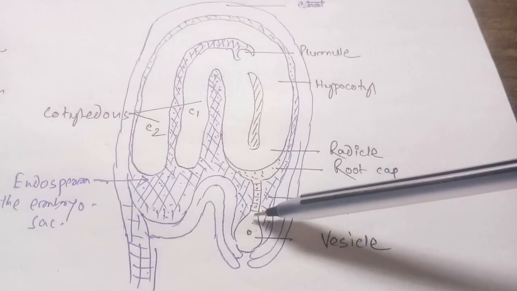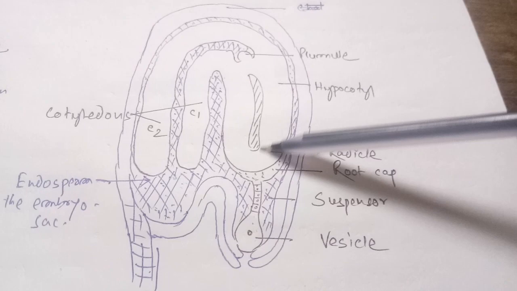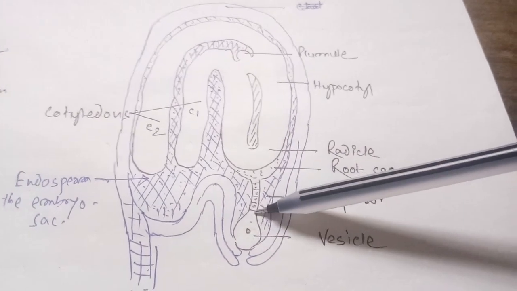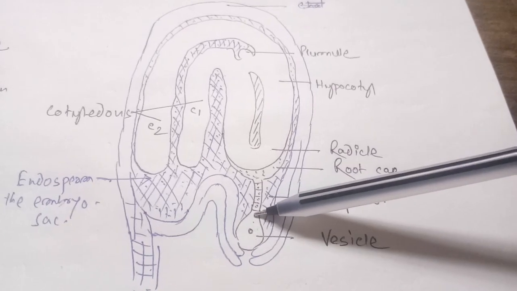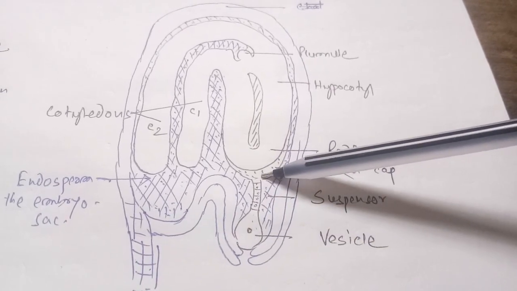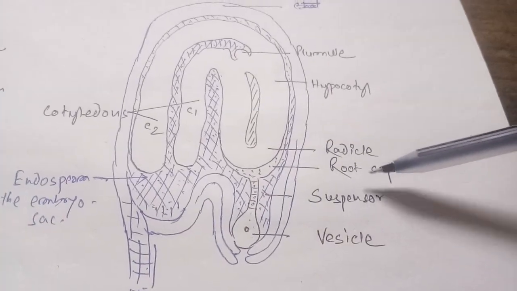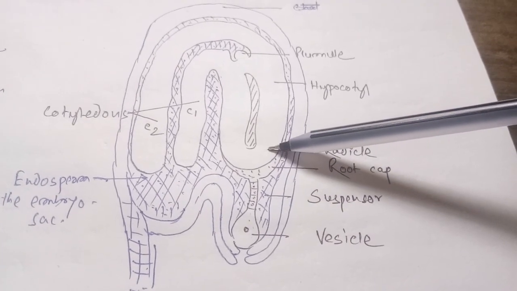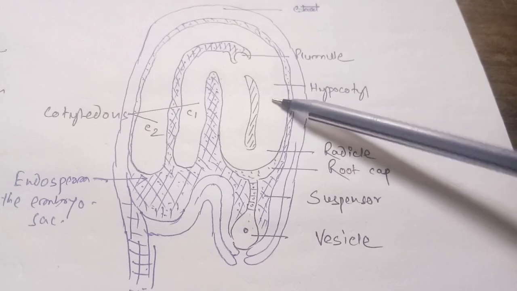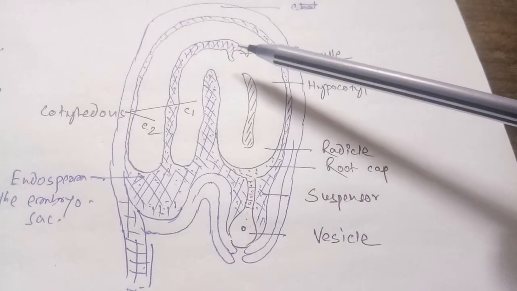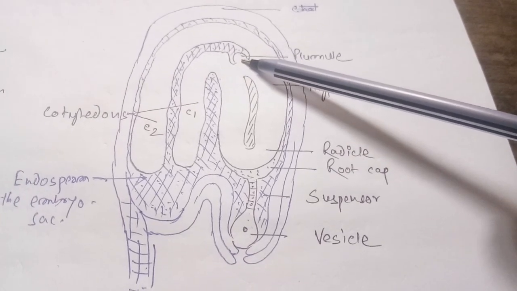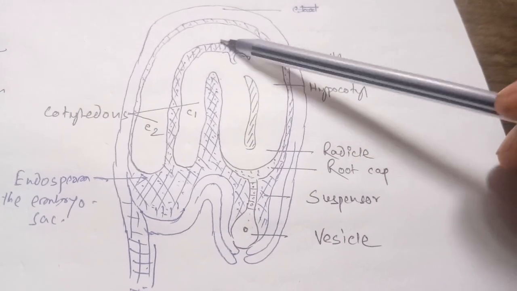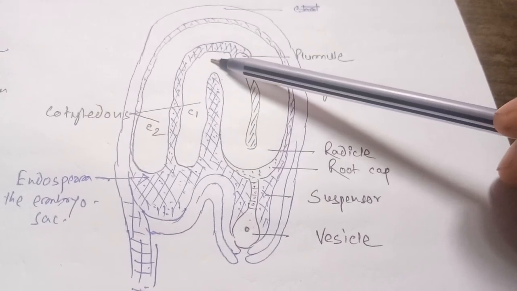Now at the last stage of development, the whole structure will be like this. This is the vesicle. These are the cells of the suspensor. So this is the root cap. This part is the radicle. This part is the hypocotyl. This is the plumule, and these two, that is C1 and C2, are the cotyledons.